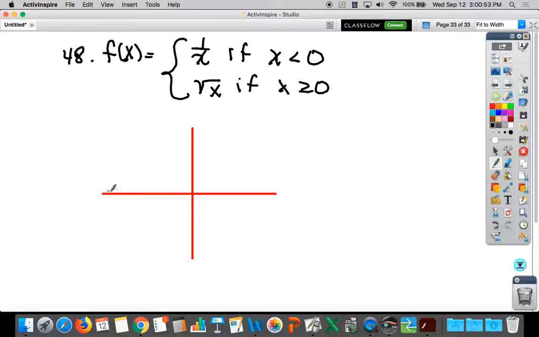I want the negative part, the x is less than, so I'm going to draw it like this. And then the square root, and there is a dot there. And you can put arrows on them or leave them off, it's okay, either way. All right, any questions on the piecewise? Okay then.